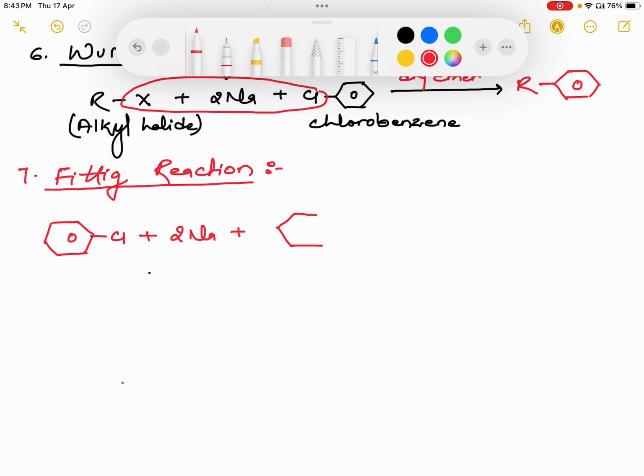So during Fittig reaction, both the chlorobenzene will be there. During Wurtz reaction, both alkyl halide will be there. And during Wurtz-Fittig, one alkyl halide and the other aryl halide will be there.